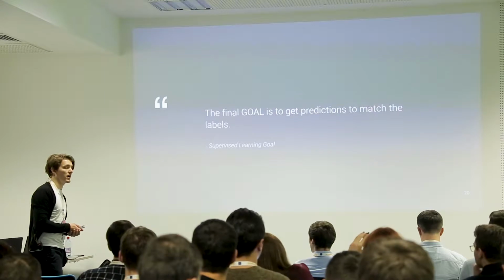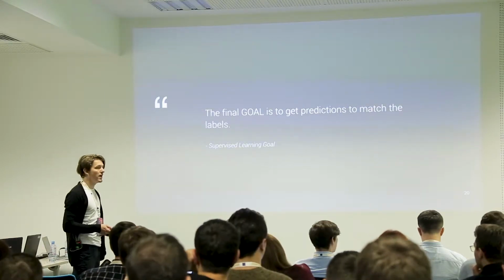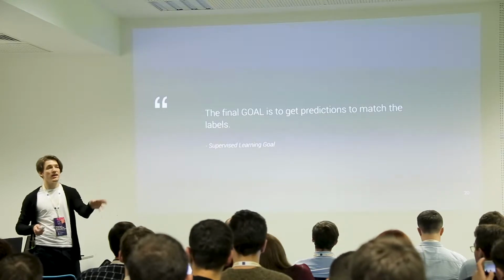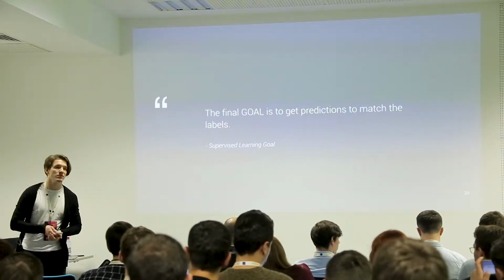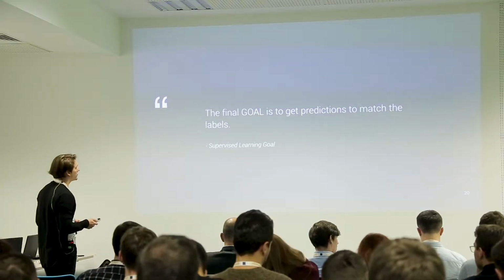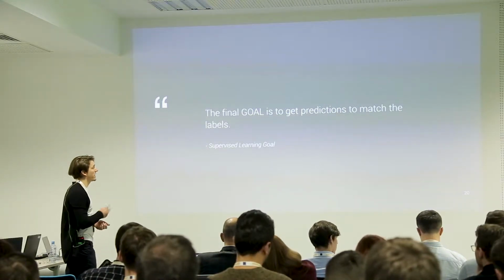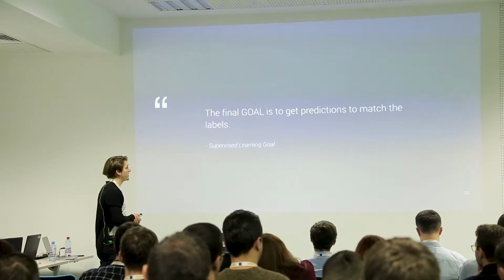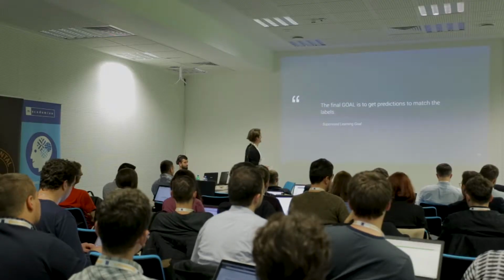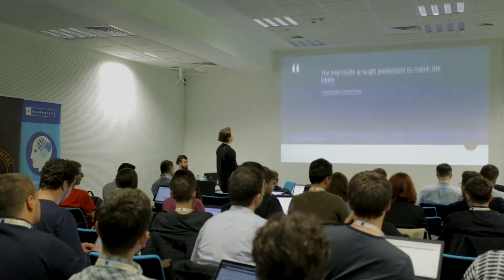For example, you want to recognize cats in a picture. You have the pictures, and the ones that have cats are labeled with 1, let's say, and the other ones are labeled with 0. And you want to build a neural network to train it to be able to predict cats in the pictures that have cats, and to predict that there are no cats in the pictures that don't have them. So this is the goal of supervised learning.